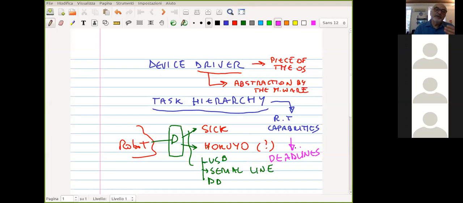ROS, surprisingly, ROS 1, the traditional ROS, is not real time. Real time is a really heavy, important issue, but sometimes it's absolutely necessary. If you have an airplane, tasks inside the airplane that control the operation of the airplane must in general be hard real time. You cannot miss some deadline.